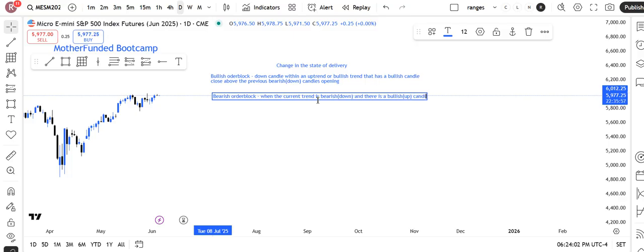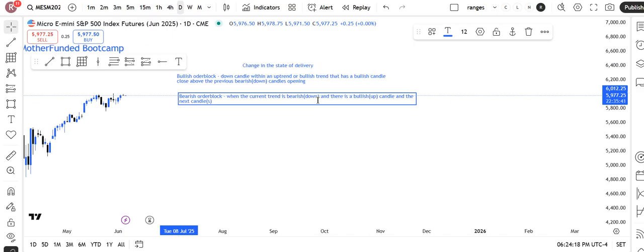and the next candle, or we'll put S just in case, because we understand it can be more than one candle. Candle or candles, sorry.